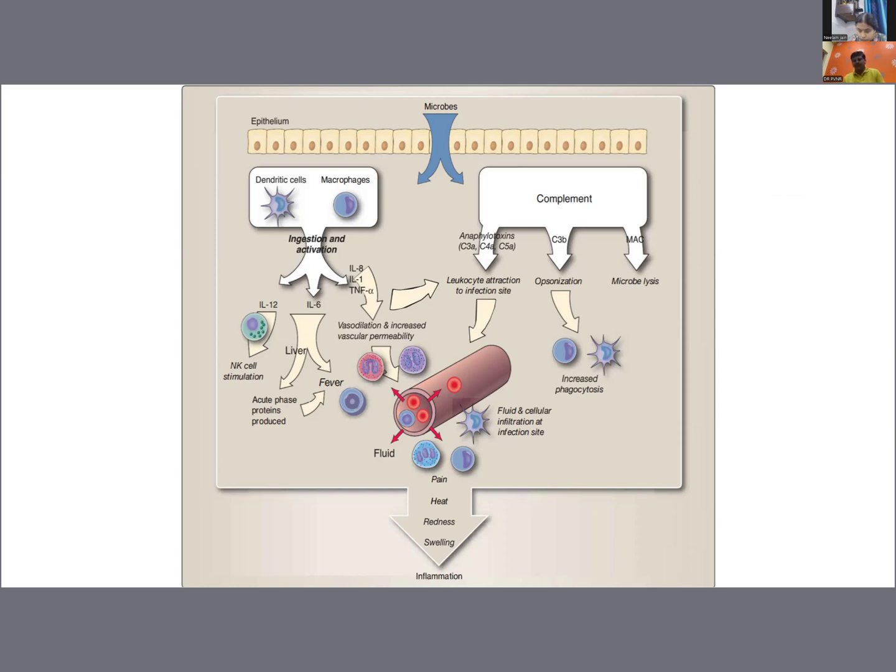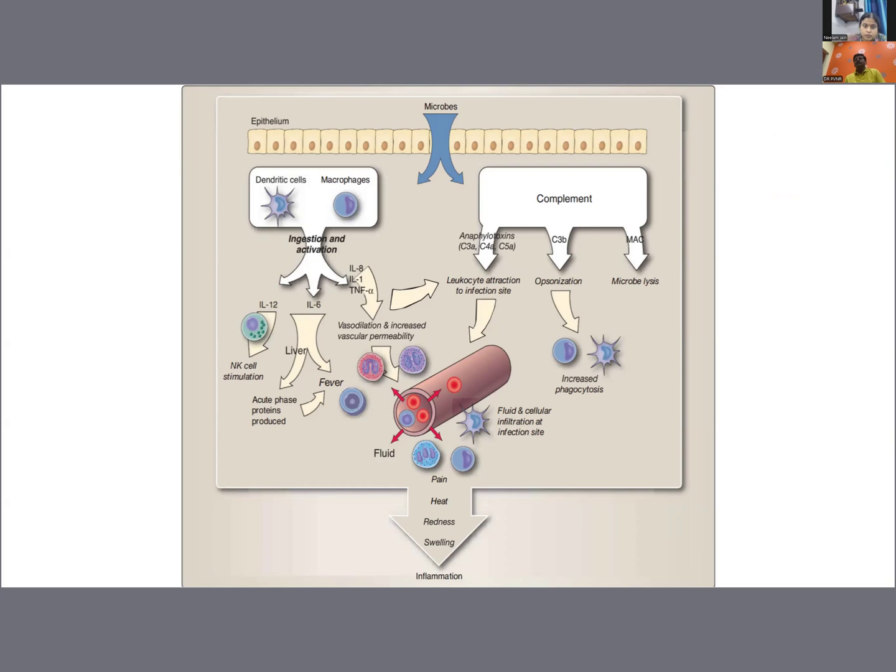A lot of blood is being pushed to the site of activity, and from there the various cells squeeze out of these blood vessels and reach the target area through the chemical gradient that has been established from the site of infection to the blood vessels. Then we see the signs of inflammation around the site of infection.